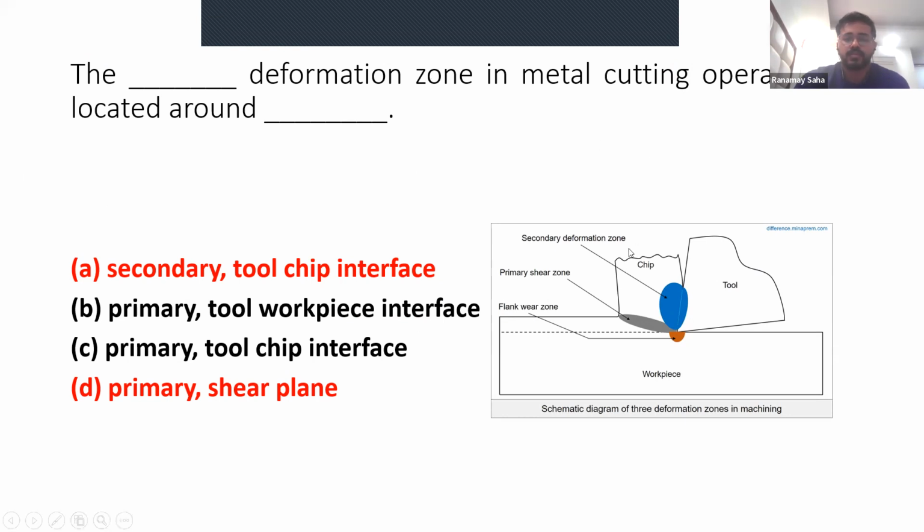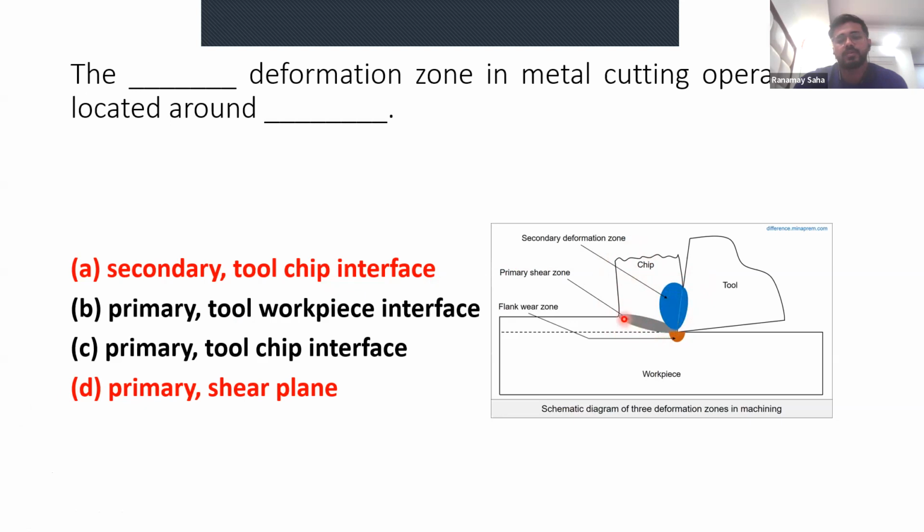Okay. So for your reference, I have shared this diagram with you. So as you can see, this particular interface, this is the chip tool interface. Here it is actually the secondary deformation zone.